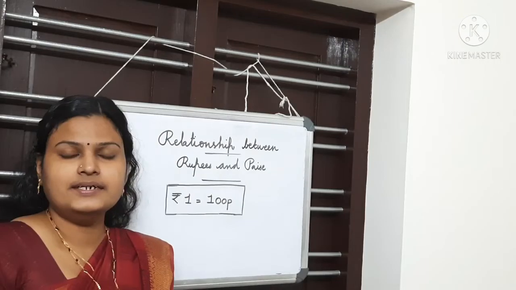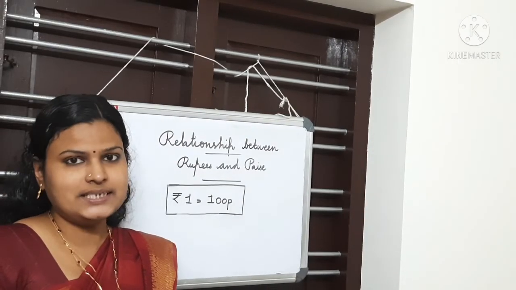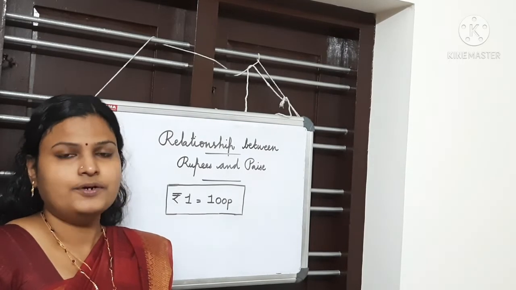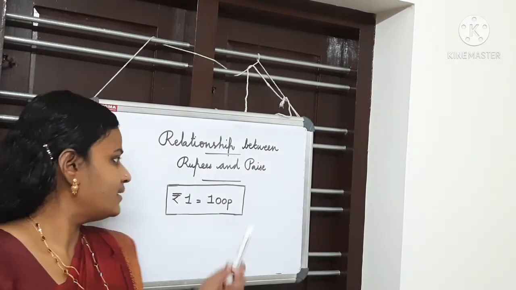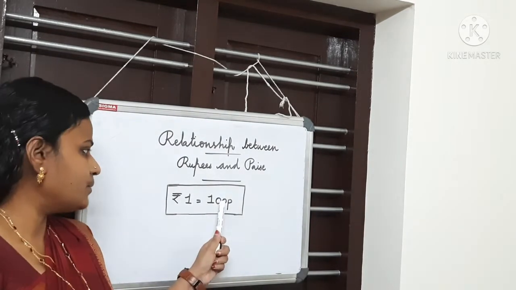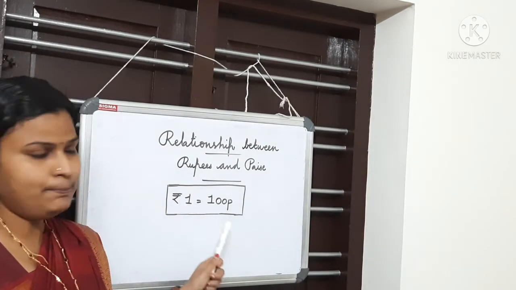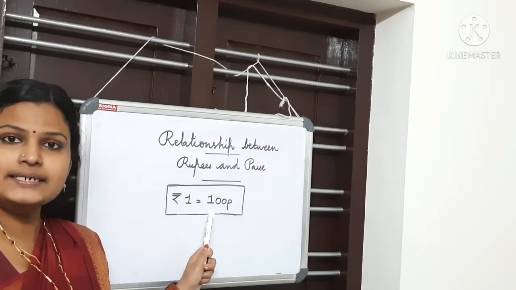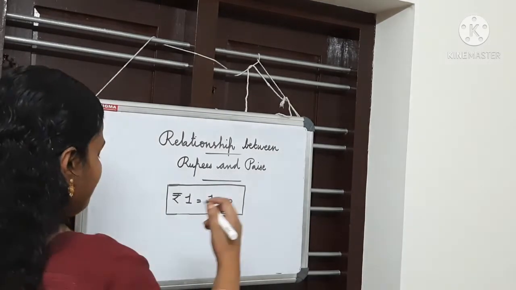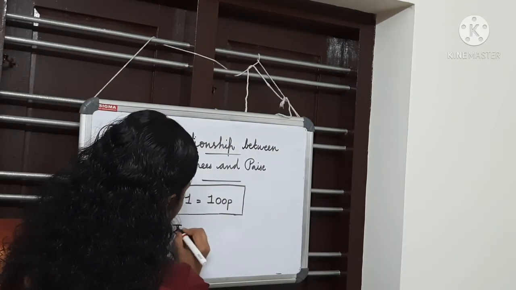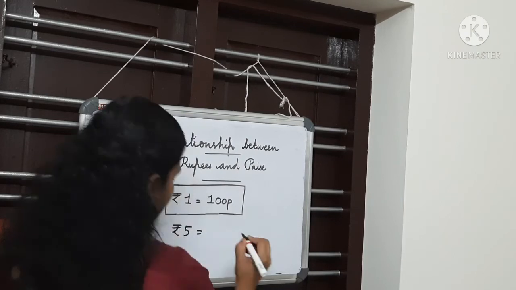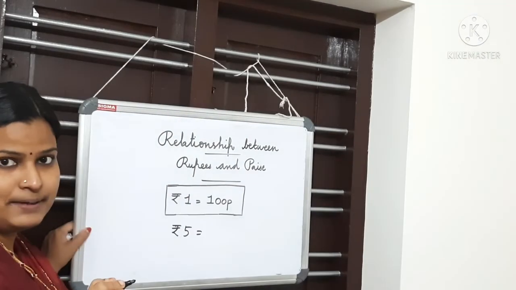Clear? Next, we will discuss the relationship between rupees and paise. 1 rupee is equal to 100 paise. Don't forget it. It is a very important relationship. Now can you tell me 5 rupees is equal to? What you should do? You have to multiply by 100.